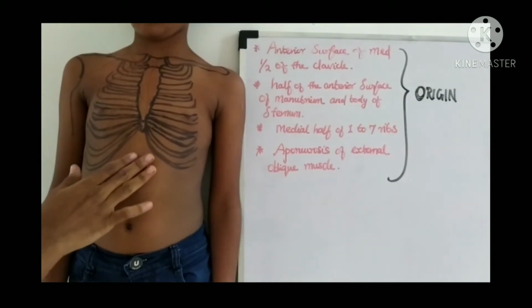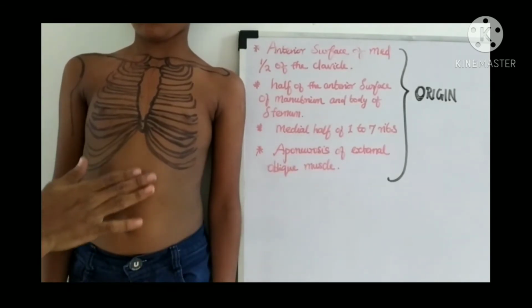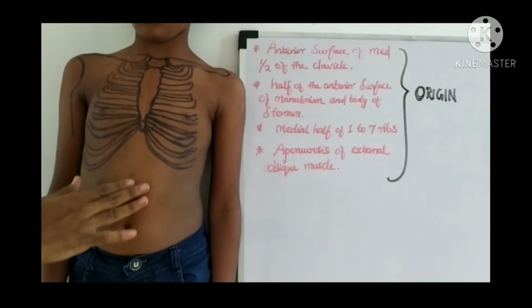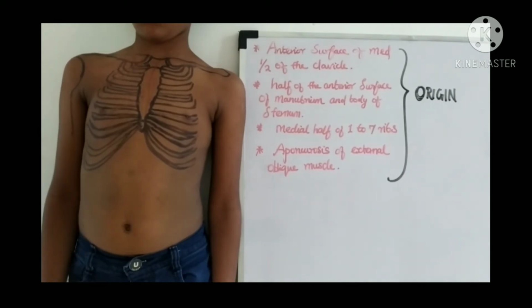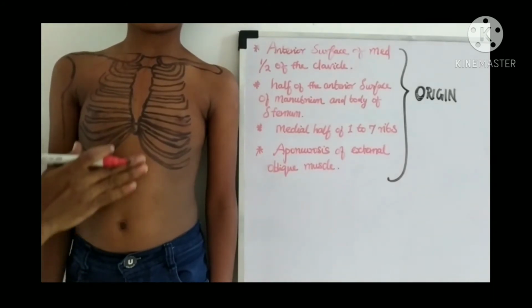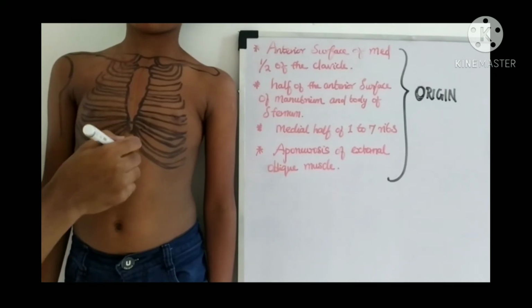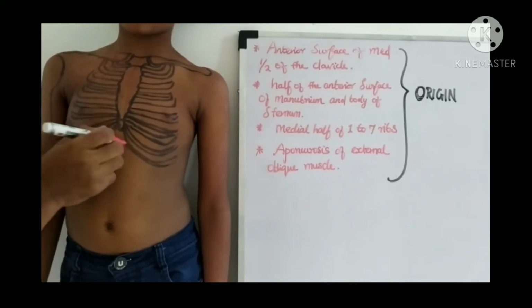Then last is the aponeurosis of the external oblique. Here in the abdomen you have the external oblique muscle. From here the aponeurotic fibers also take origin. Imagine here is the aponeurosis of the external oblique muscle, and from here the muscle fibers come like this.